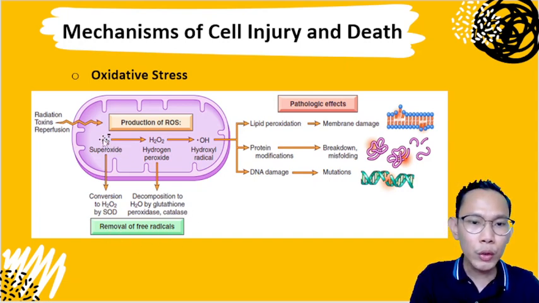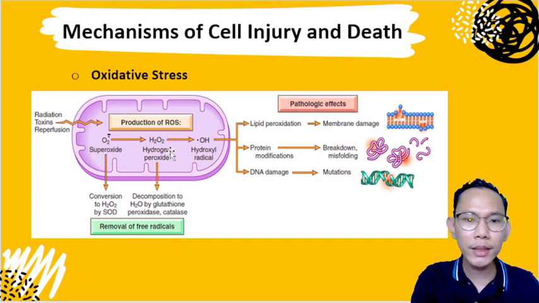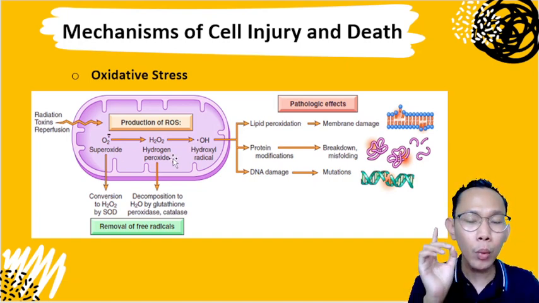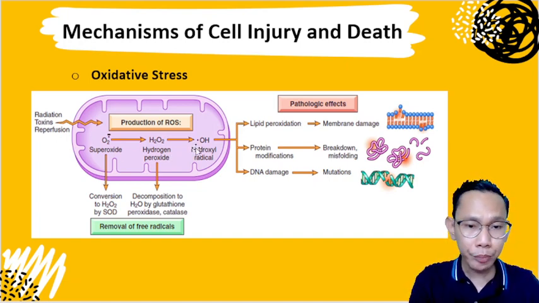So, yung superoxide, yung hydrogen peroxide, and your hydroxyl are actually your reactive oxygen species. So, our body, to compensate with this toxic substance in our body, it will be converted by the different enzymatic systems, by your superoxide dismutase, glutathione peroxidases, your catalases.